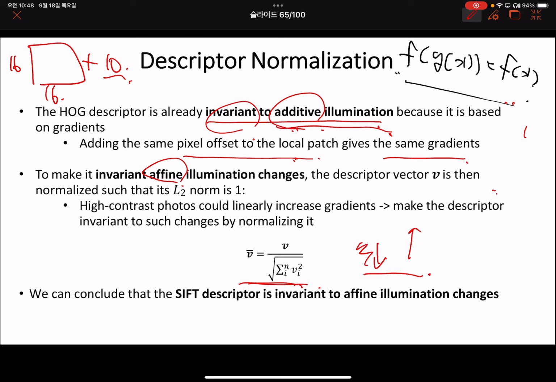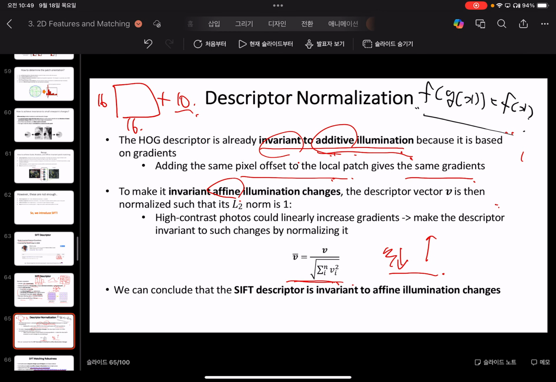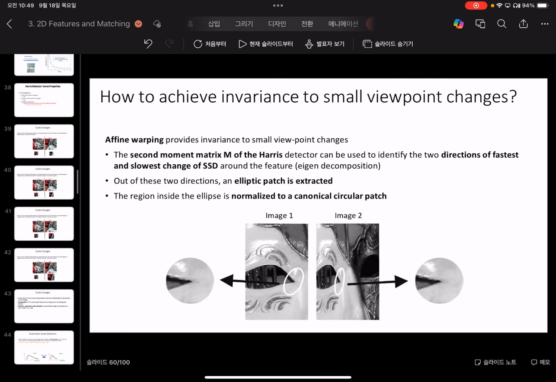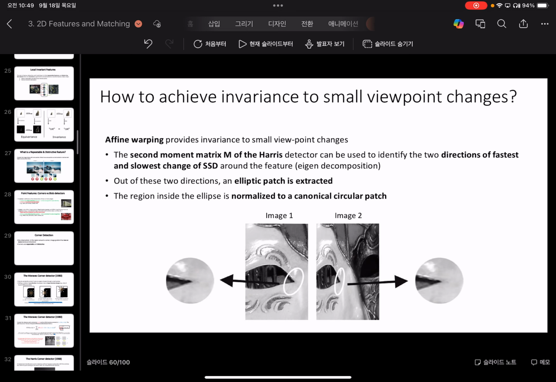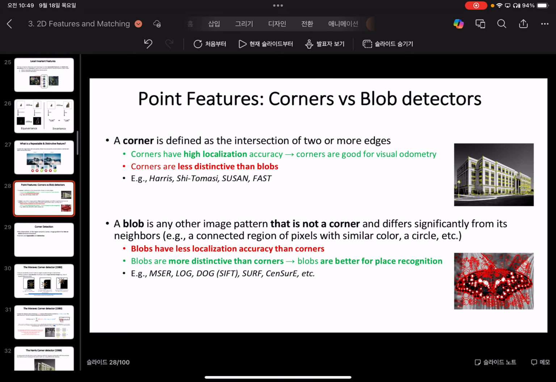So let's clarify this again. Affine illumination changes, we learned this earlier.